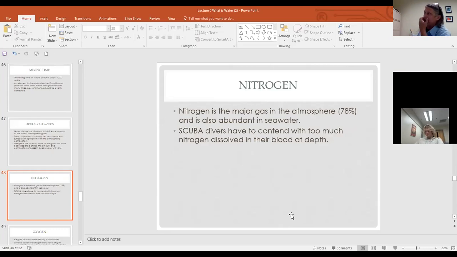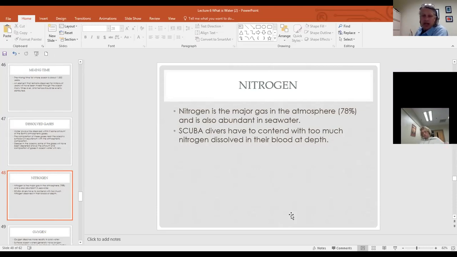Nitrogen narcosis is kind of weird. I've not experienced it, but many people have. Because nitrogen is so abundant in the atmosphere, and it's also abundant dissolved, the deeper you go, the more nitrogen you have in your blood. When you reach a certain point, it starts becoming toxic and you get a little wasted, for lack of a better term.